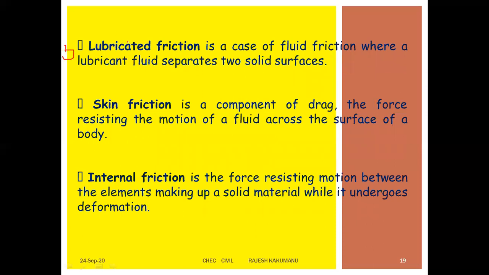The third one is lubricated friction. It is also a case of fluid friction where the lubricant fluid separates the two surfaces. For example, if you see the engine of an automobile, you have a number of components like a connecting rod, crankshaft. So thereby what happens, the crankshaft and the wall of the cylinder, wall of the engine, these two are separated with the help of the lubrication.